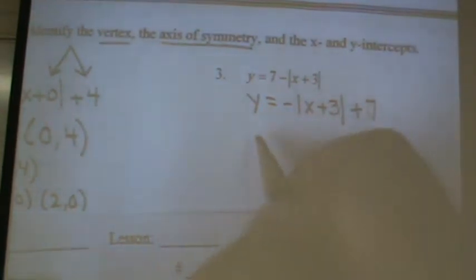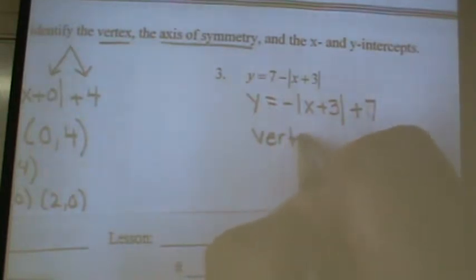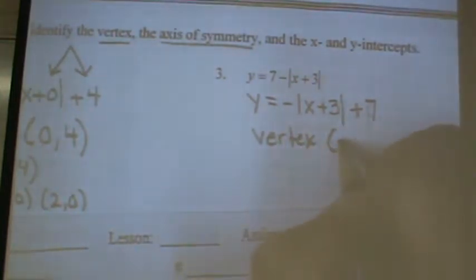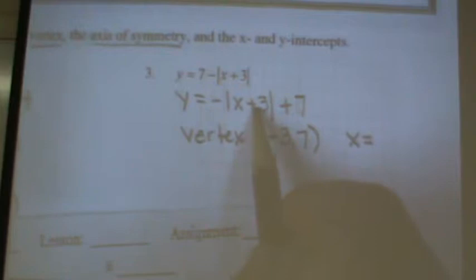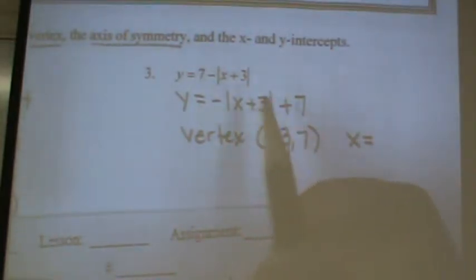So what is your vertex, guys? Negative 3, 7. What's your axis of symmetry? You take the opposite of this. It's always been the opposite.